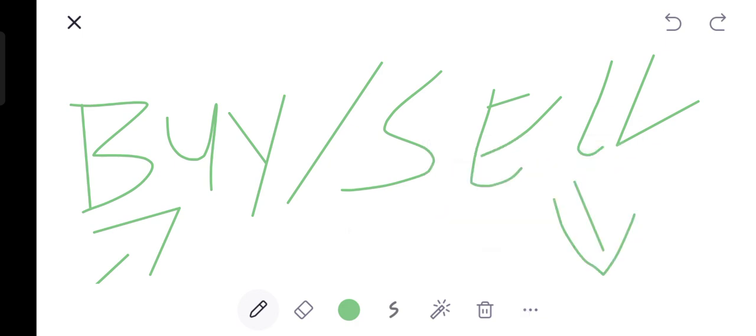So when you buy in the forex market, you expect the price to go up, and when you sell in the forex market, you expect the price to come down, right? That is the basic fundamentals. And then we have market structures in the forex market.